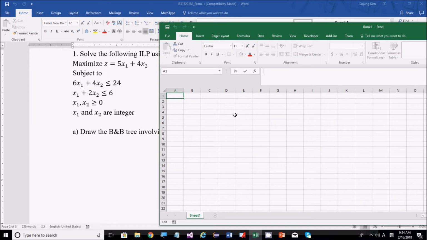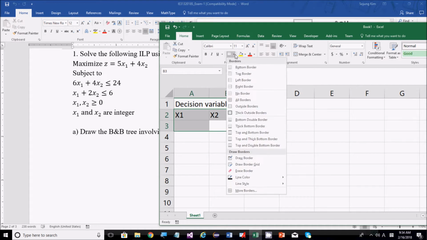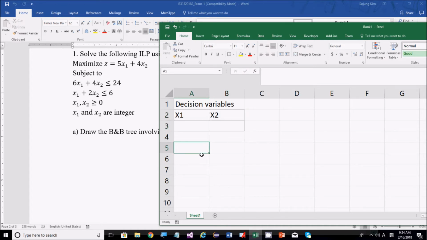We have two decision variables, which are x1 and x2. Okay, and then we have constraints. Associated with x1 and x2, their coefficients will be 6, 4 for the first one.